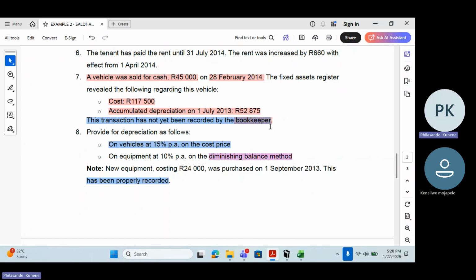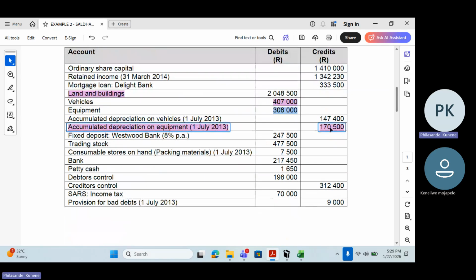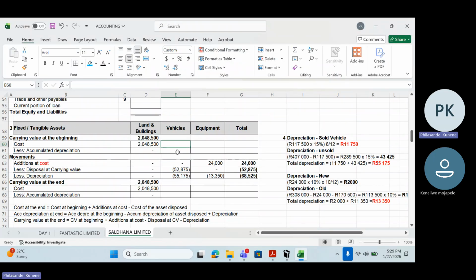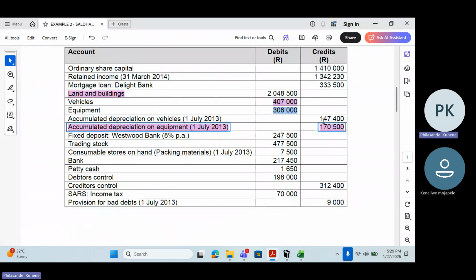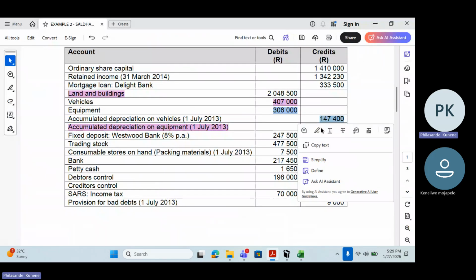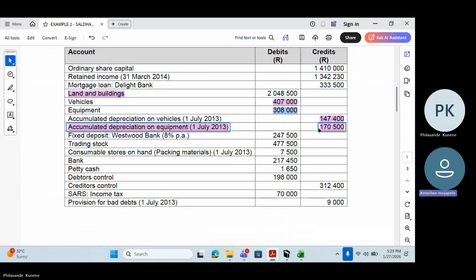So let's go and see how much we have there. That is 407,000 rands, né? So which means here under cost, I'm going to have 407,000 rands. Less accumulated depreciation at the beginning, they gave us, which is 147,400, né? But this is for vehicles and 170,500 for equipment.